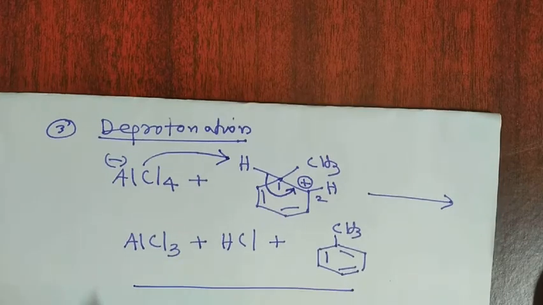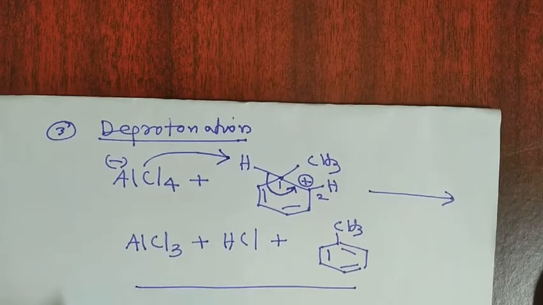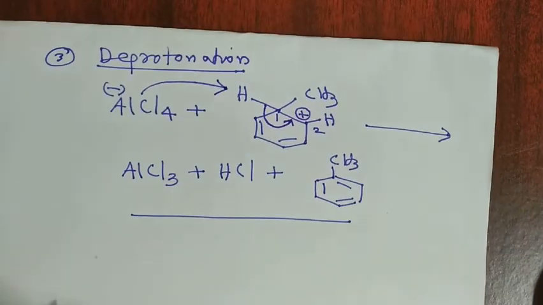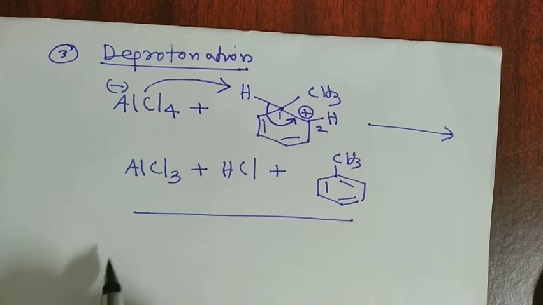In Friedel-Crafts alkylation reaction, the electrophile is a carbocation. Carbocations have a unique ability to undergo rearrangement through 1,2-hydride shift. Hence, rearrangements are possible in Friedel-Crafts alkylation.